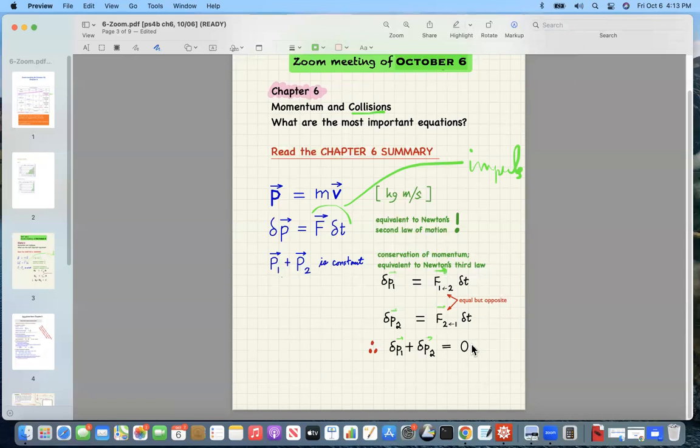So if one object gains momentum, the other object loses the same amount of momentum. And that's a conservation law. It's sort of like conservation of energy, where energy is conserved if there are conservative forces. In this case, it's a vector conservation law.